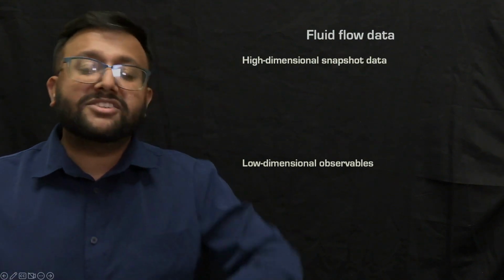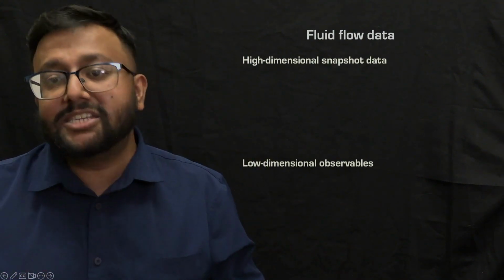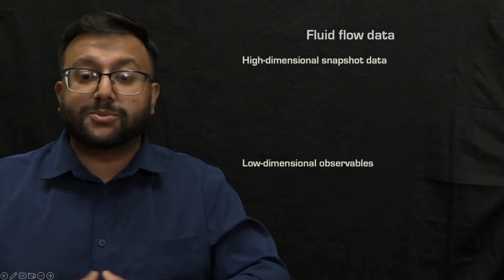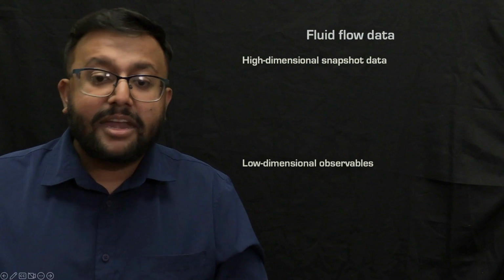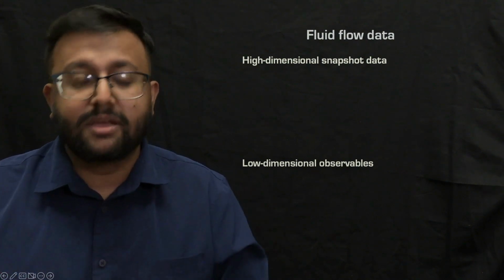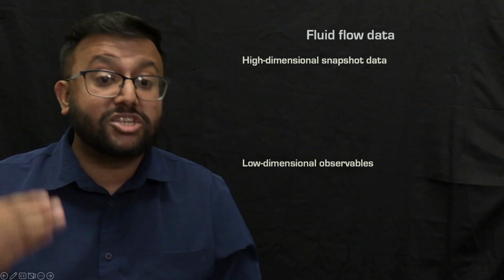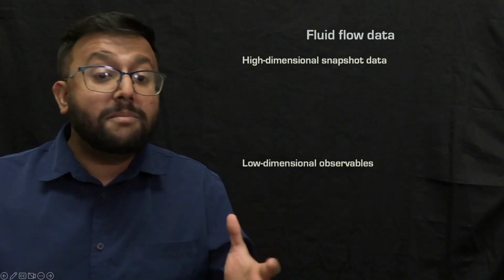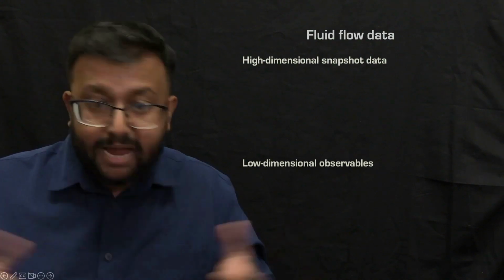All right. So we discussed CFD techniques as well as experimental techniques. From these techniques, we are going to get some data. Now, this data can be mainly divided into two types. It's either high-dimensional snapshot data or flow fields, or low-dimensional observables or measurements.